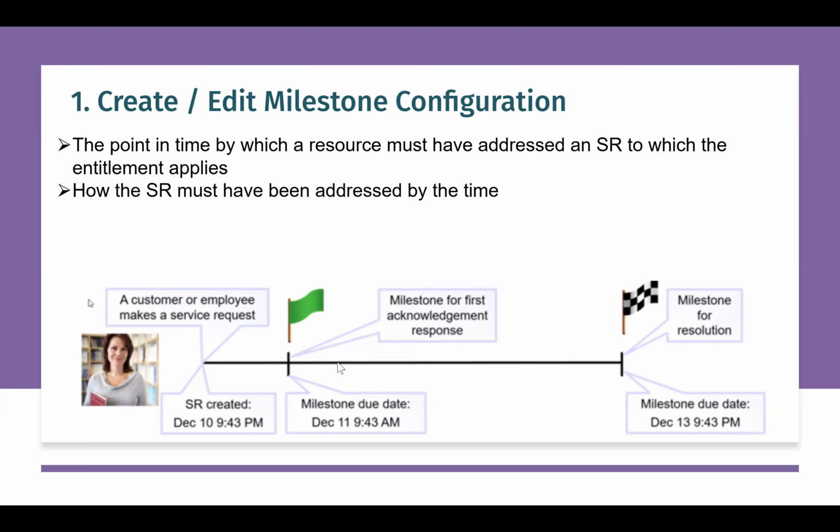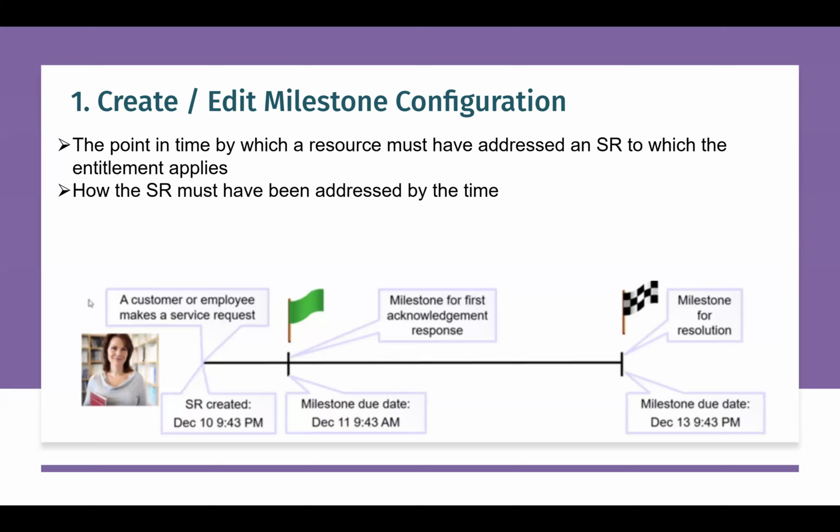The first thing the agent needs to do is acknowledge that the SR is created and that the agent is working on that. That first response is the first response metric milestone.